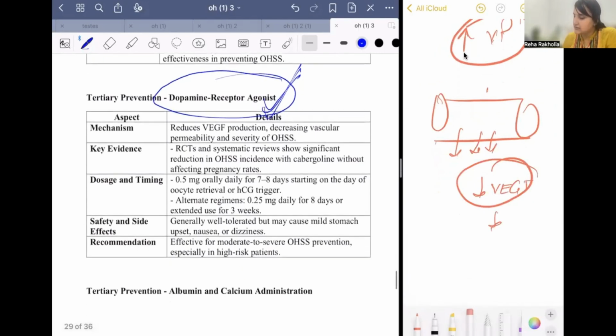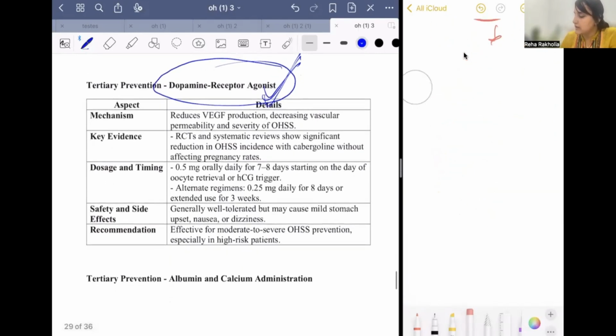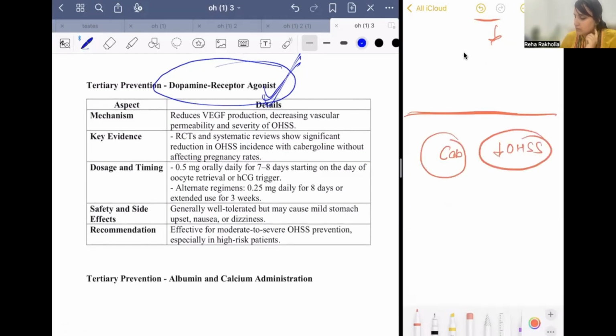Clinical studies, including RCTs and systematic reviews, have shown cabergoline significantly lowers the risk of OHSS without affecting pregnancy rate. That means it is a safe and effective option for high-risk patients.